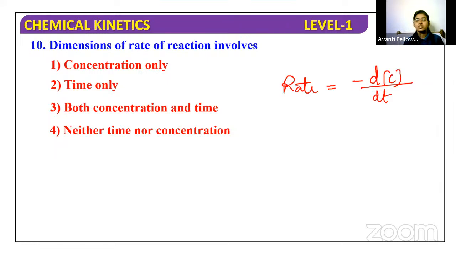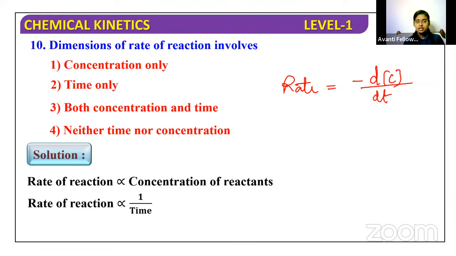Option C, very good. It involves both concentration as well as time. Very good, students. So option 3 is the correct answer. Rate is directly proportional to concentration and inversely proportional to time. Very good.